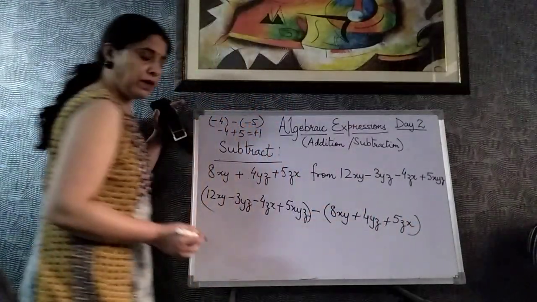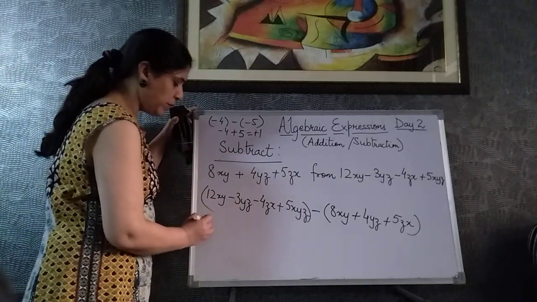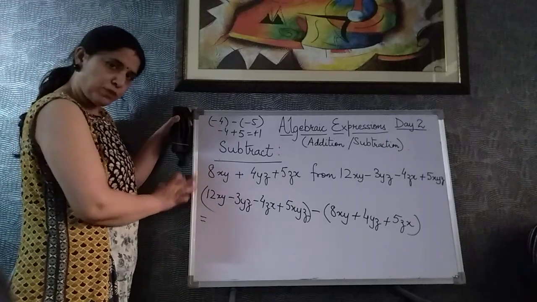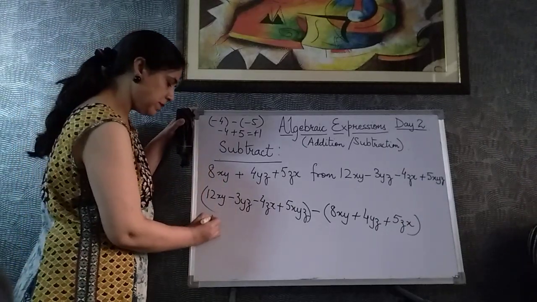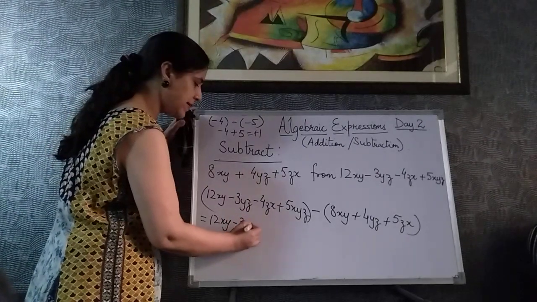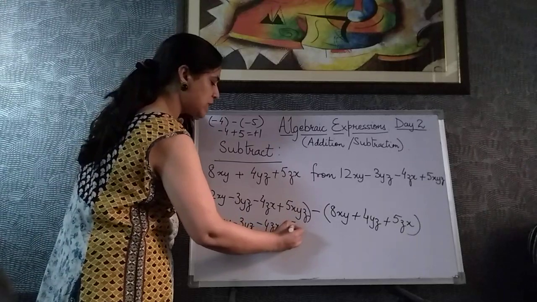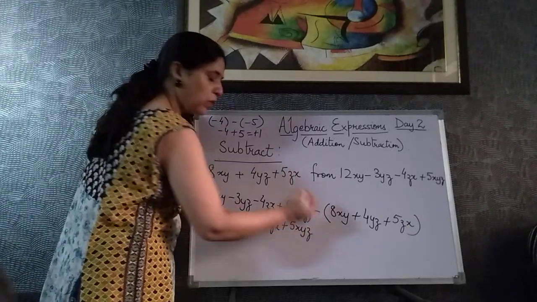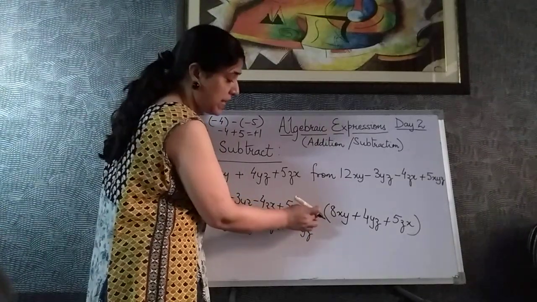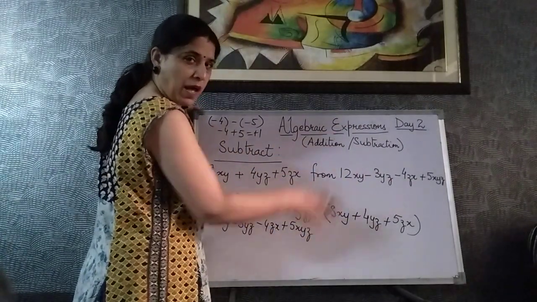Now children, we know how to open the brackets. The first thing that we will do is open the brackets. Since nothing is in front of the first bracket, it is regarded as plus, and all the terms come out as they are: 12xy minus 3yz minus 4zx plus 5xyz. And here a minus is standing outside. When a negative sign is outside, all the terms change their sign and come out.